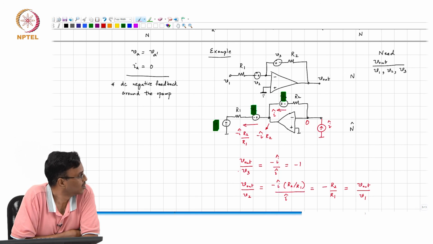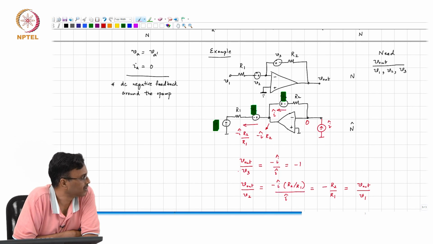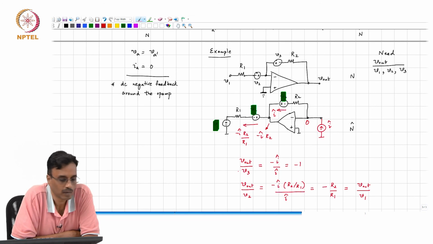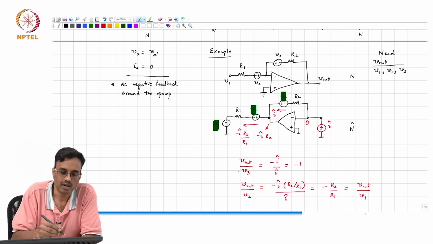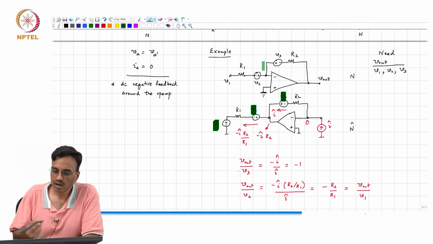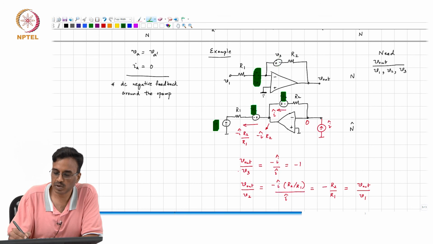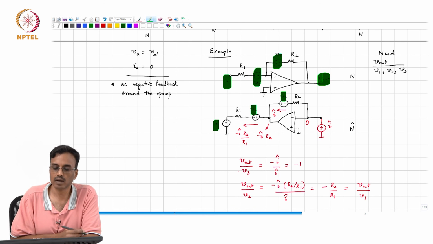So, in one shot we have found all three transfer functions. But if we did not know this adjoint concept, what we would probably have done is assume these two do not exist. What is the transfer function from V1 to V out?